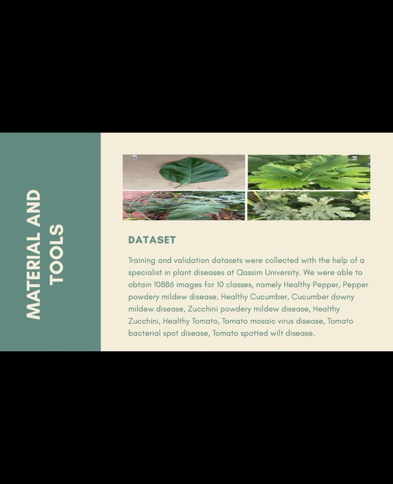We were able to obtain 10,868 images, 14 classes, namely healthy pepper, pepper powdery mold disease, healthy cucumber, cucumber downy mold disease, zucchini powdery mold disease, healthy tomato, tomato mosaic virus disease, tomato bacterial spot disease, and tomato spot wilt disease.